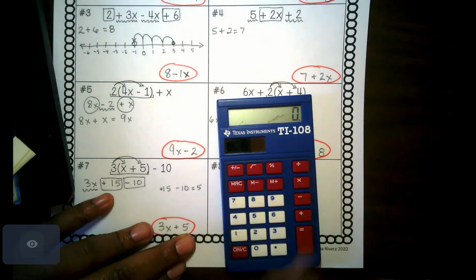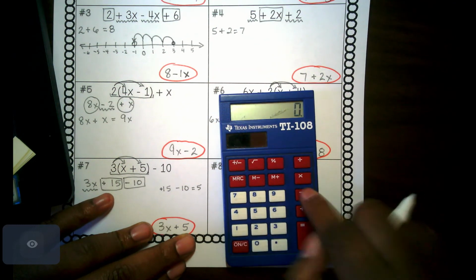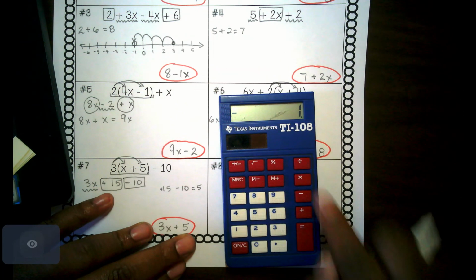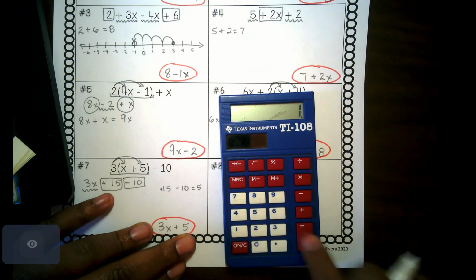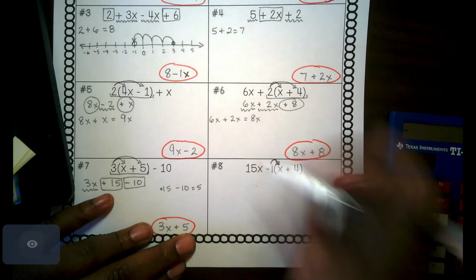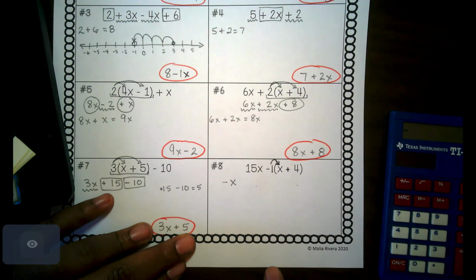So I have a negative 1 times just 1, and that's still a negative 1. So that means it's going to be a negative 1x, or just negative x.